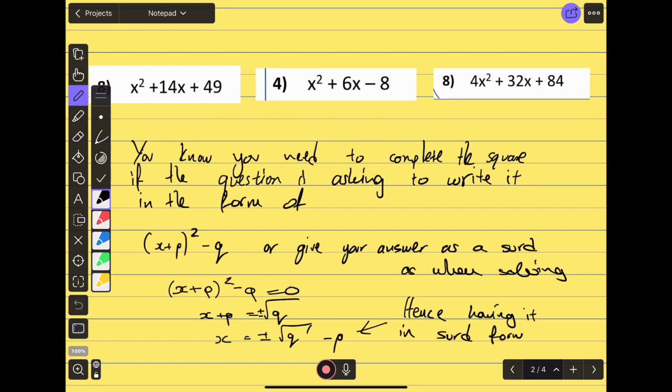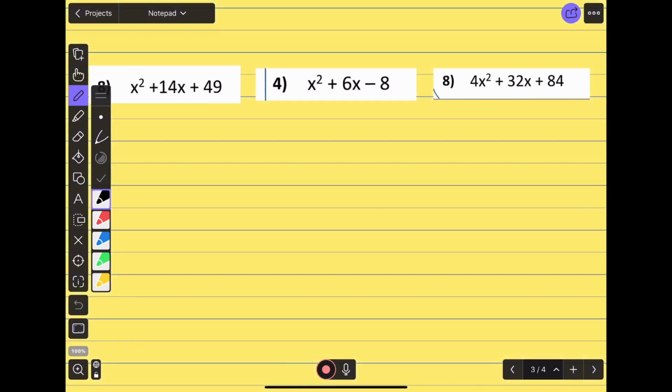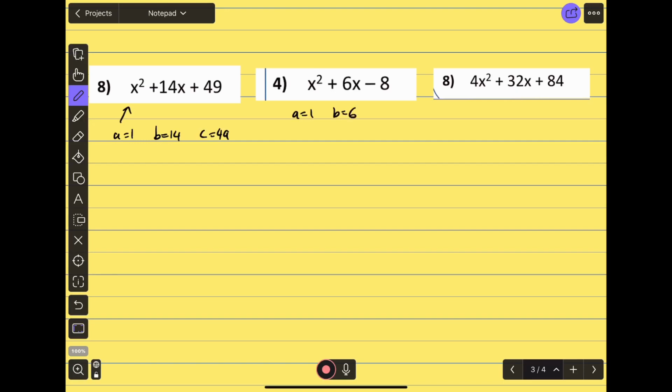So we will start with three different questions when completing the square. As you can see, two of the questions have a coefficient of a equals 1, and the other one's got a coefficient of a which is larger than 1. So simply the basics: what is the value of a, what is the value of b, what is the value of c, in order to think what formula we're going to be using.